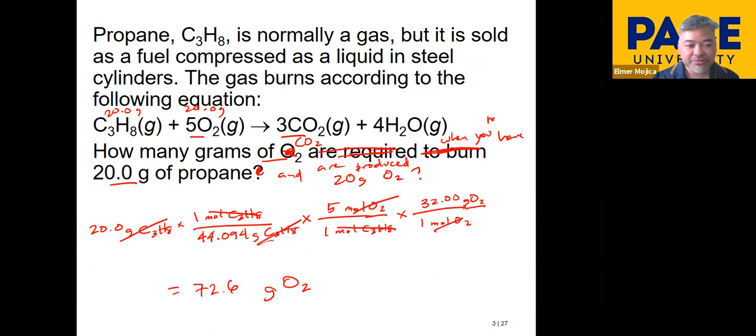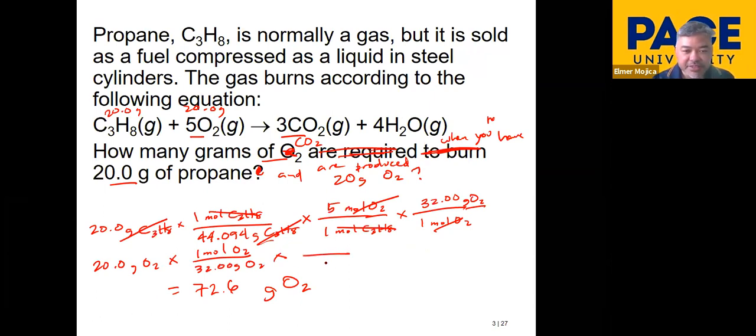So all we need to do now is solve how many grams of CO2 are produced when we have 20 grams of oxygen. I'm just going to replace this with oxygen. For every 5 moles of oxygen, you have 3 moles of CO2, and for every 1 mole of CO2, you have 44.01 grams of CO2.